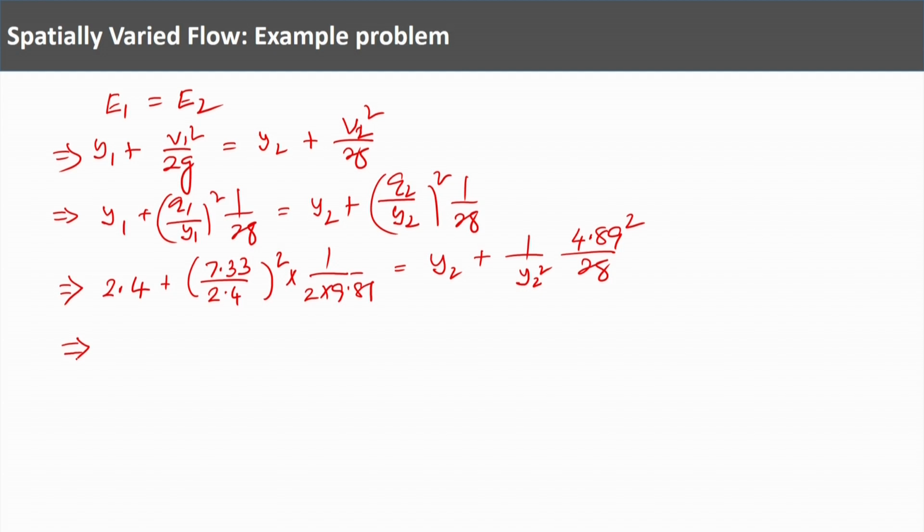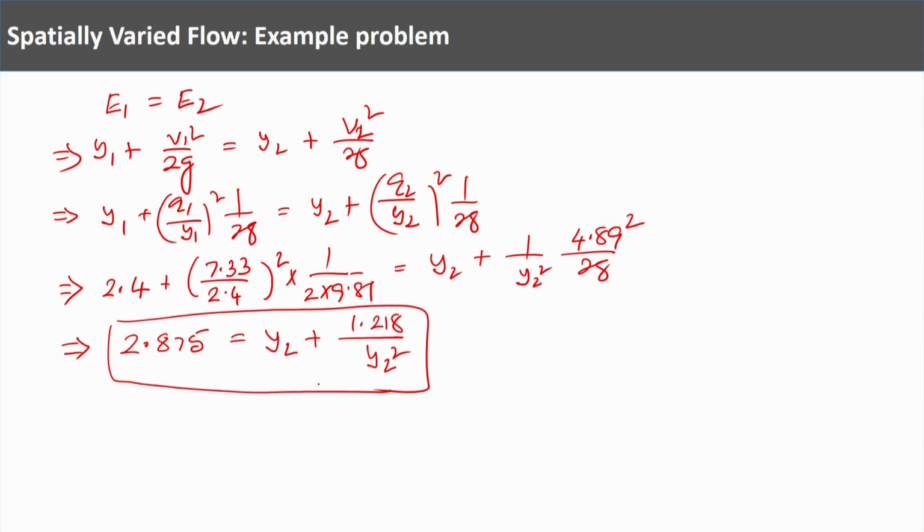If I calculate it, I should get 2.875. This is your E1, the specific energy, which is equal to Y2 plus 1.218 divided by Y2 square. Now I can solve this equation. I use the trial and error method.